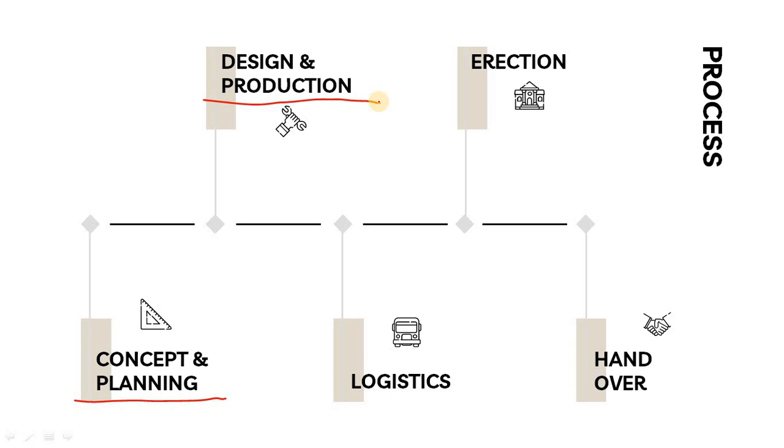After the final design, the production of the precast element will be done. After the production, it comes to logistics. The elements are stored in the stockyard, or in some cases directly loaded onto trailers for erection after achieving the required strength.